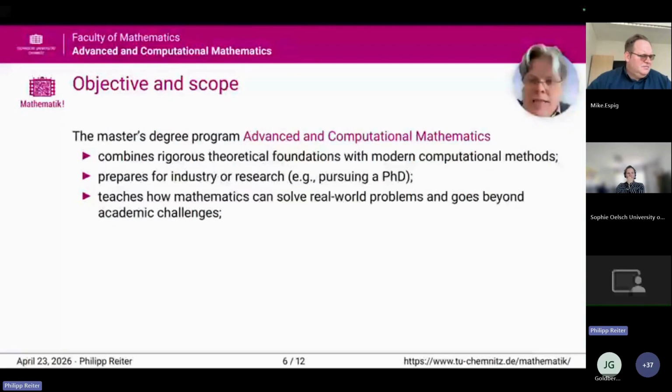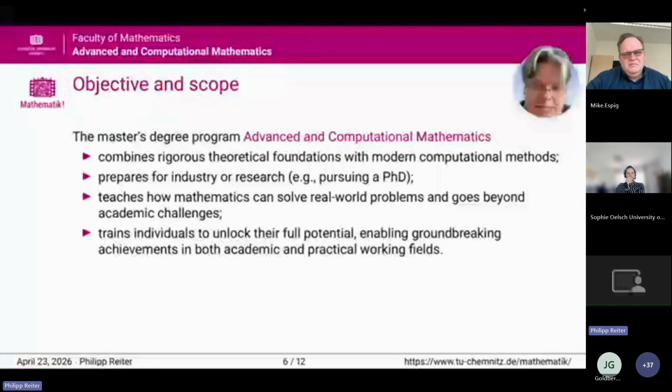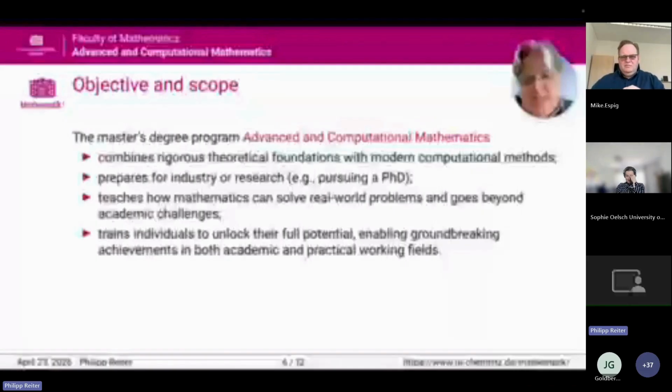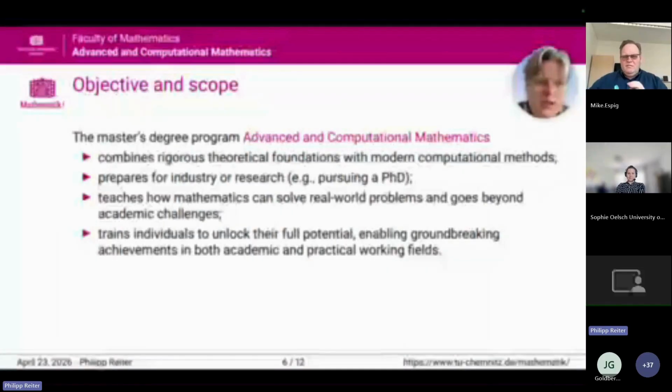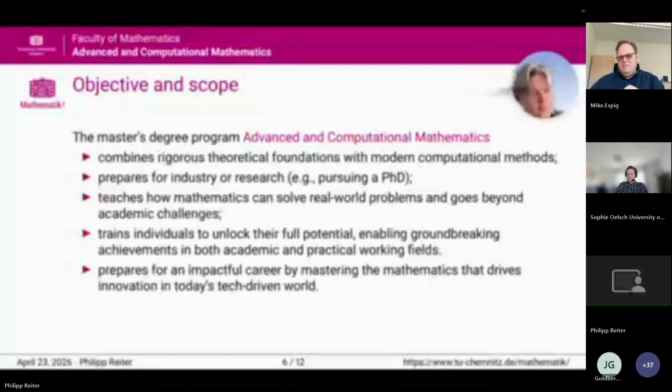And at the same time, we focus on real-world problems and go behind academic challenges. We would like to train you to unlock your full potential and get, as pointed out, a successful career, both in academia or in applied work and field.